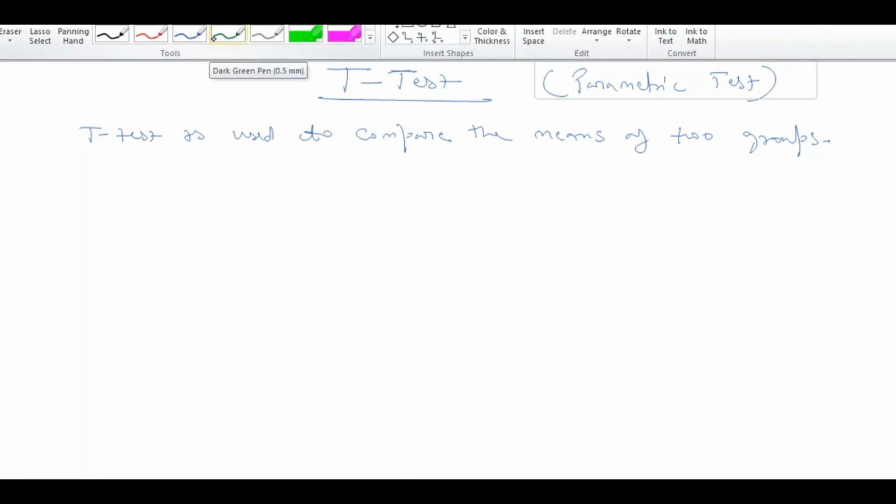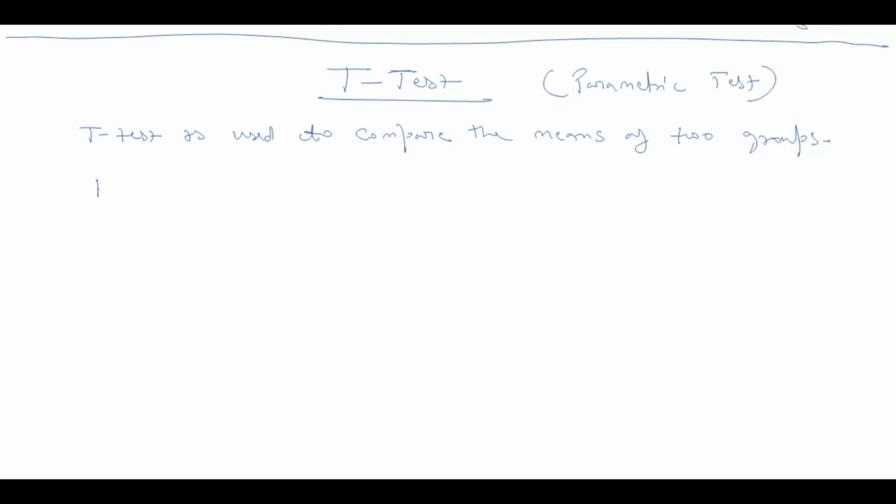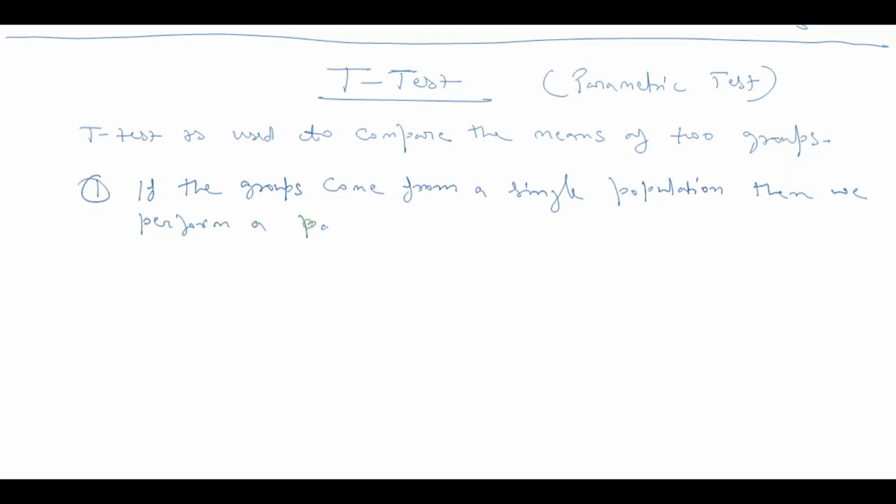We have normally three types of t-test. So the first situation is if both the groups come from a single population, then we perform a paired t-test.